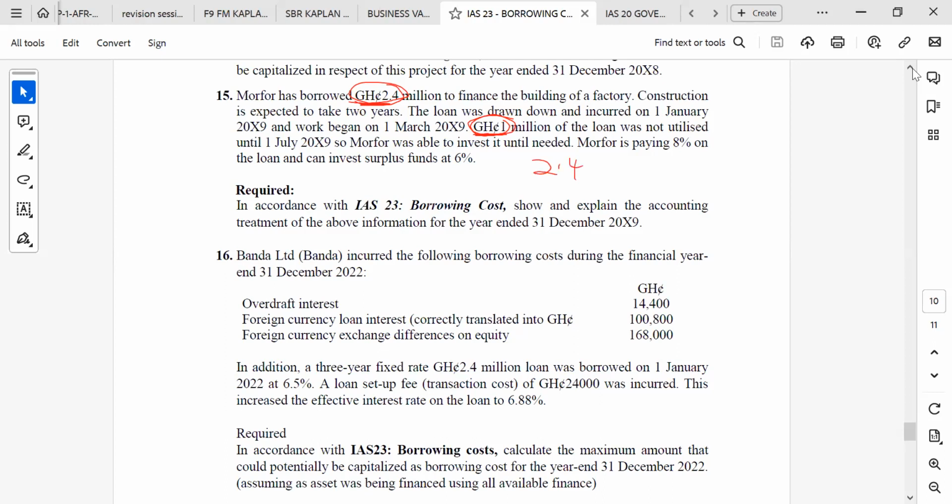The time that you have taken the loan, it was 5 cedis to $1. Now, at the end of the reporting date, it's now 6 cedis to $1. You can see that the rate has increased by 1 cedi. So you find the increment, which will be 2.4. That will be the loss. So this particular loss will be added to the initial cost of the asset as the exchange rate differences.